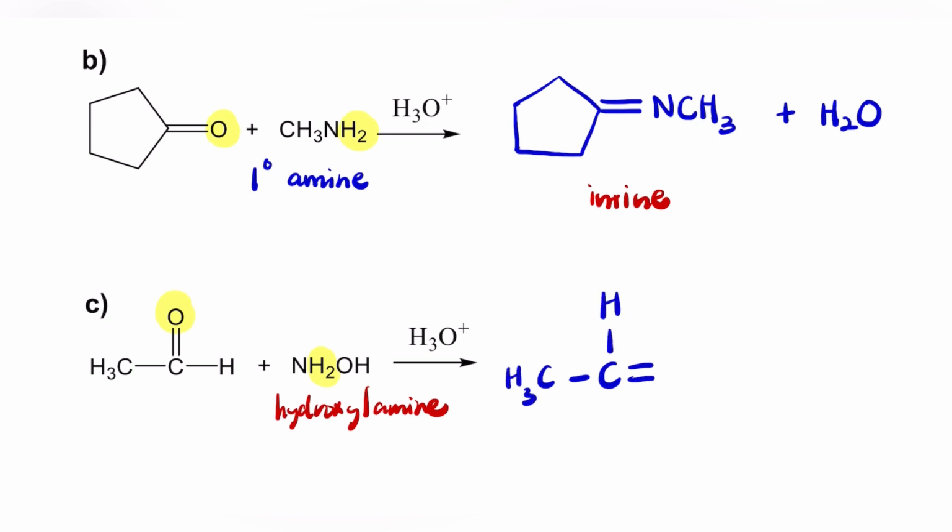This is double bond, and then it will connect to nitrogen with OH group. Actually this nitrogen has lone pair. You don't have to show the lone pair, it's okay, but at least I want you to understand that this nitrogen is octet, plus H2O. So you got your structure, and this product is what we call oxime.